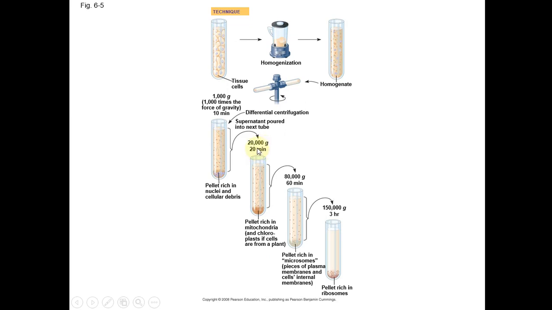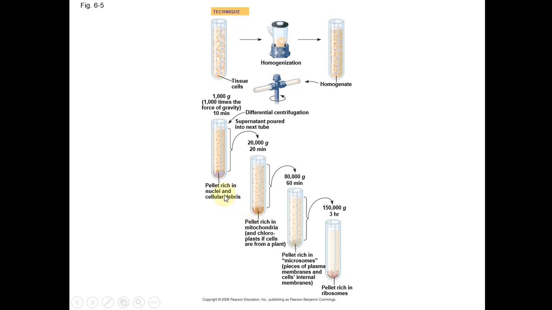So, it's times 2 yung number of time, tapos times 20 naman yung force of gravity. So, by this, you can actually separate pellet-rich in mitochondria and chloroplast if cells are from plant. So, we can separate na.